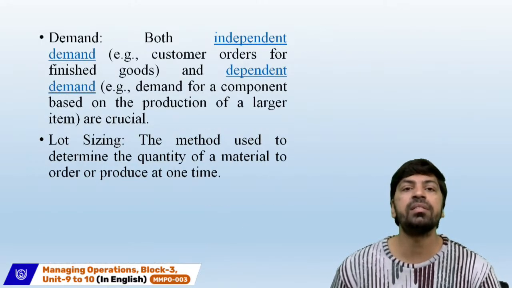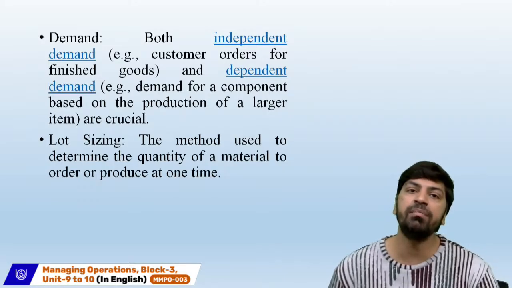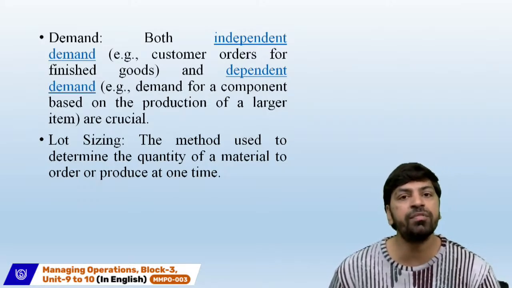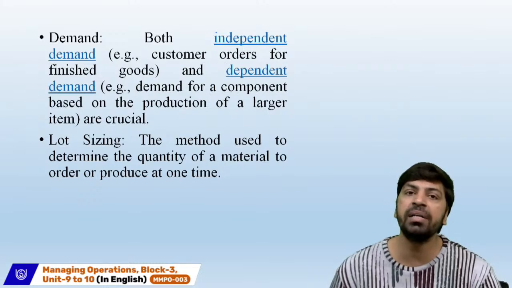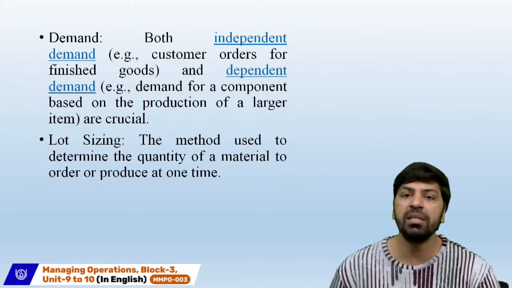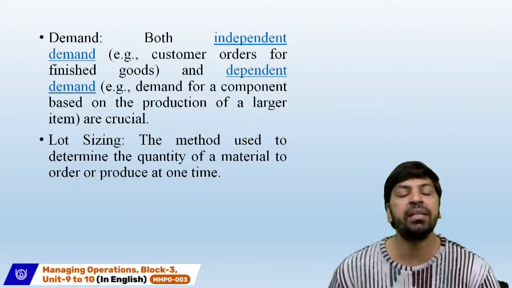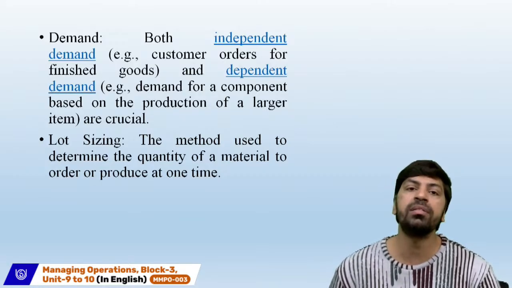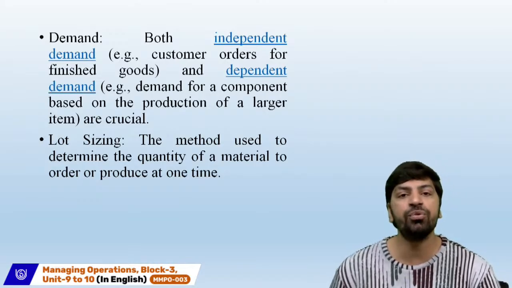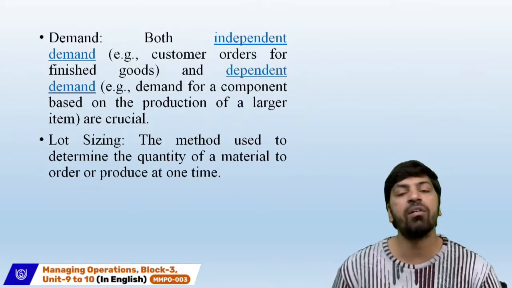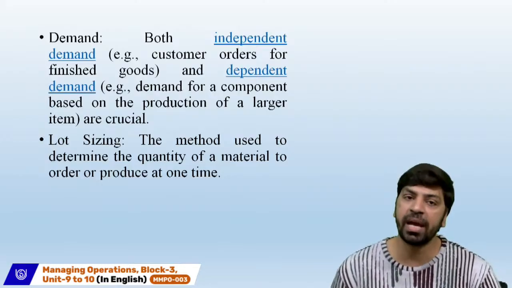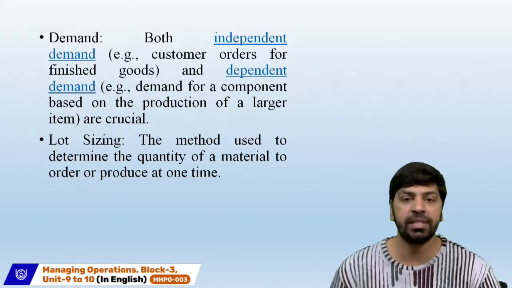And the next is demand, both independent demand, which could be customer orders for finished products, or dependent demand, demand for a component based on the production of a larger item, are crucial. And the last one is lot sizing, the method used to determine the quantity of material needed in order to produce the final product at one time. That's called lot sizing.